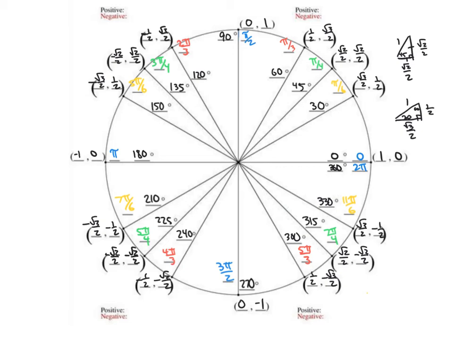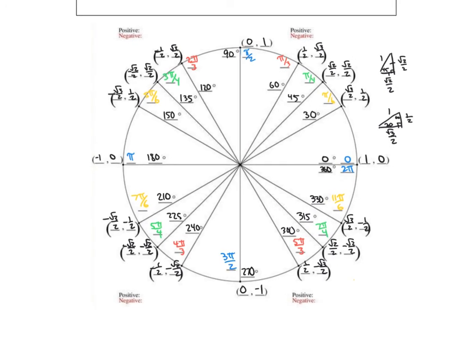And then one last thing, we need to make sure we think about the signs of each of our trig functions in the quadrants. So in the first quadrant, where both x and y are positive, all 6 trig functions are positive because you have a positive x and a positive y. In quadrant 2, you have a negative x and a positive y.